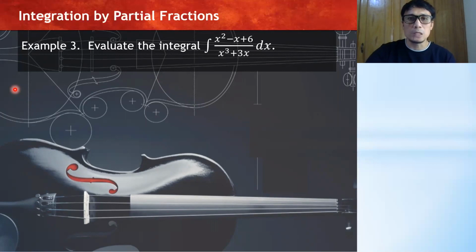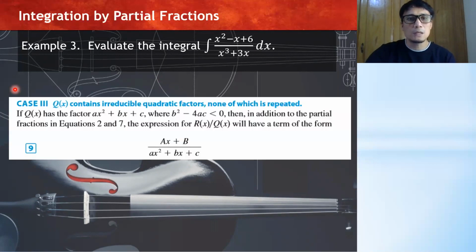decomposition of rational function. The reason for that is we have here a quadratic factor, and that quadratic factor is irreducible. I mean, you can factor out x, and you are left with x squared plus 3 as your second factor, and x squared plus 3 is irreducible as far as rational factors is concerned.